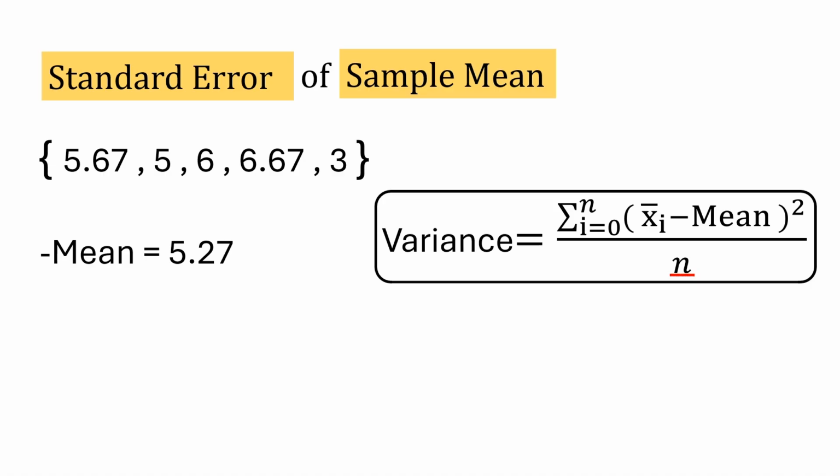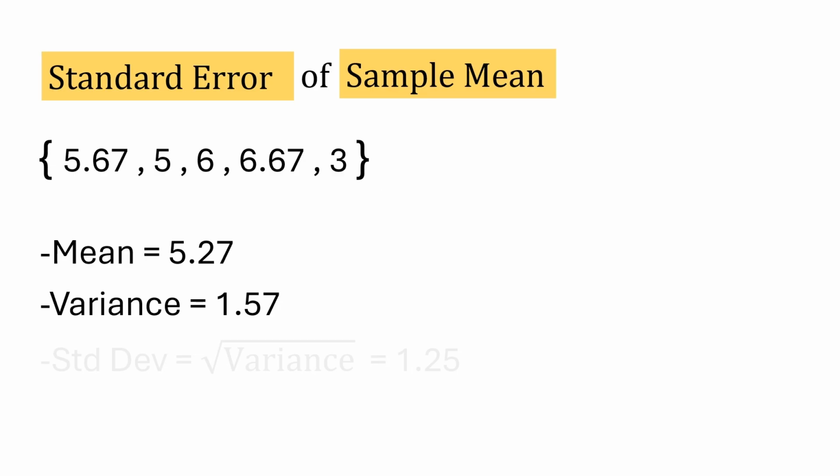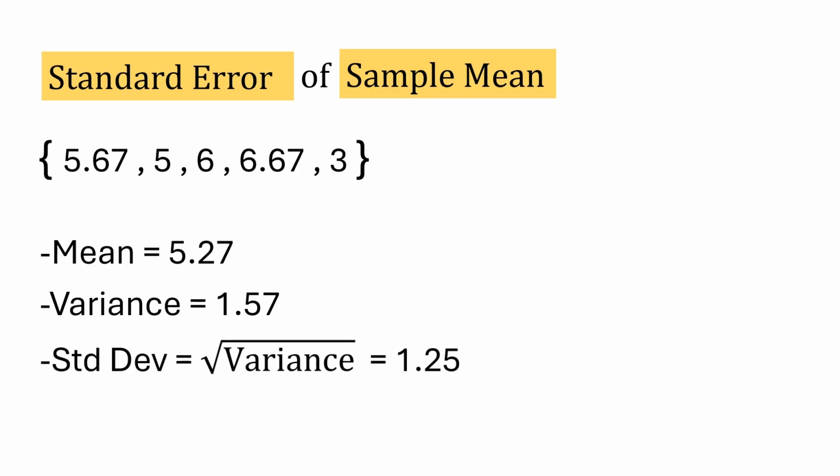The calculations are really simple, which is why I'm skipping the calculation part. So the variance will be 1.57, and the standard deviation is the square root of the variance, which comes out as 1.25. So this 1.25 is the standard error of the sample mean.